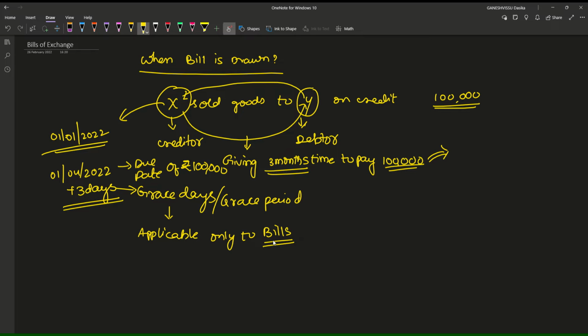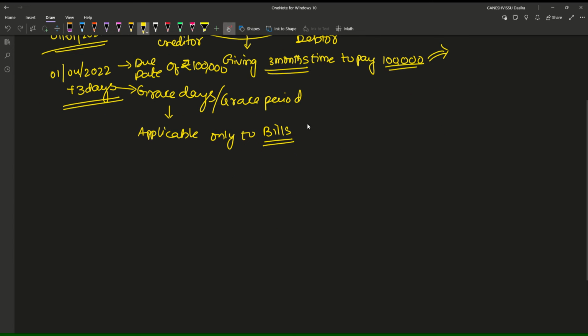I'm going to continue with the same example. X and Y are there. Y is due to X by rupees 1 lakh, and there is 3 months time provided by X to Y for paying rupees 1 lakh.